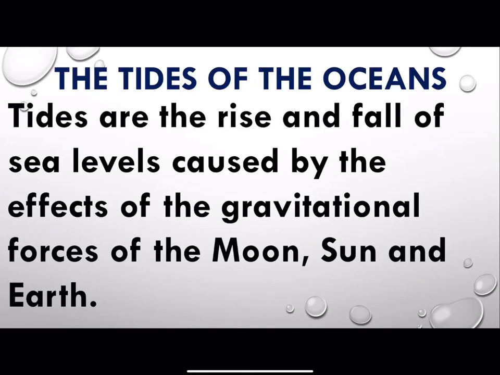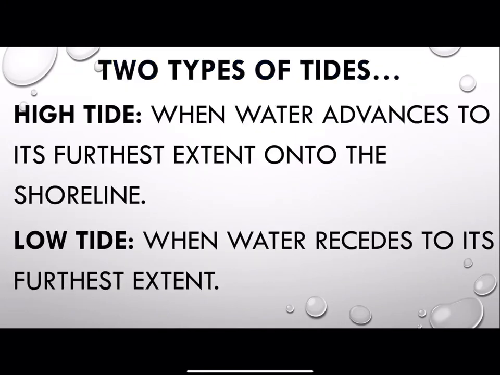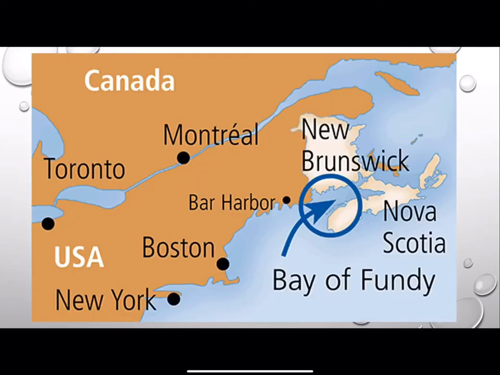The gravitational force of the moon, the sun, and the earth primarily affect the tides. We said that the largest tides in the world are found in the Bay of Fundy, right in the middle of New Brunswick and Nova Scotia.